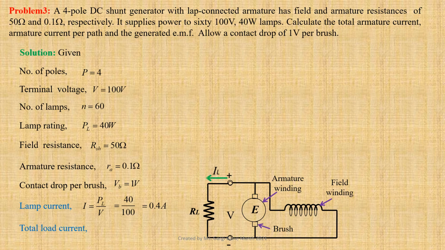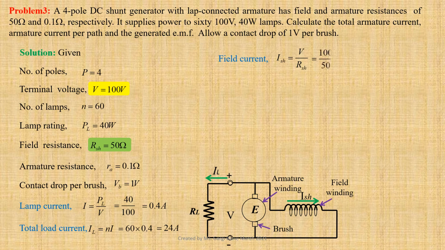Total load current will be IL equals to N times I, that is equal to 60 into 0.4, that gives us 24 ampere. Now we shall calculate field current. ISH equals to V by RSH. Using values, we get 100 divided by 50, that gives us 2 ampere.